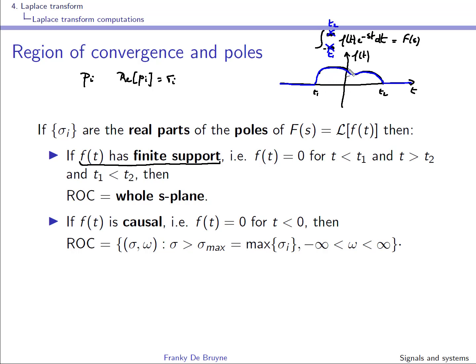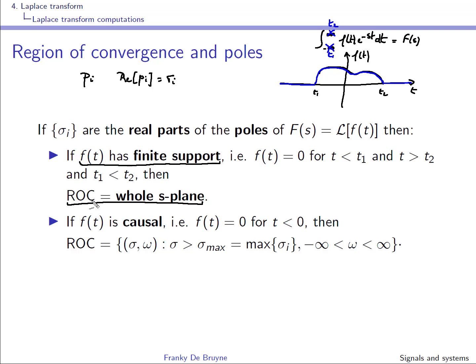So as long as the function in between t1 and t2 does not go to infinity, and it is well behaved, this integral will always converge. Okay, this is why a function of finite support will have a region of convergence which is the whole s-plane. You do not expect problems of convergence when you're computing the Laplace transform of this kind of function.